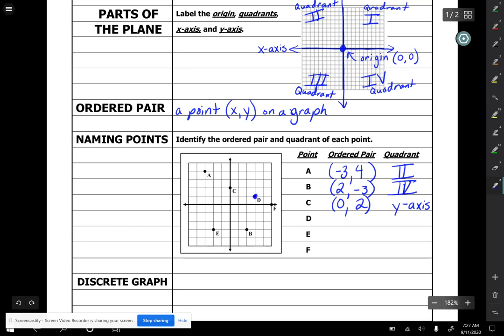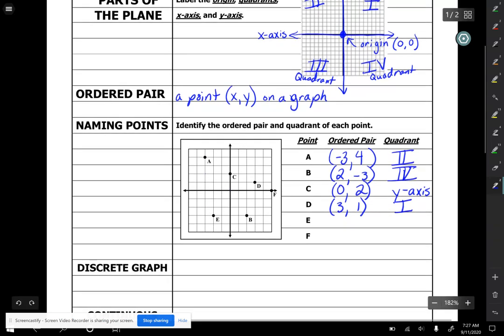Next is point D. So start from the origin. We move to the right 3, so that's +3, and then up 1 to get to D. And that is in quadrant 1. Okay. Point E is here.